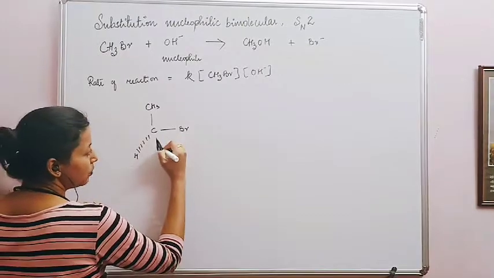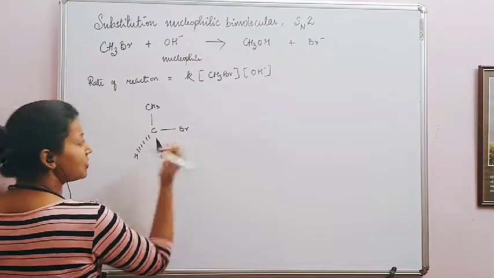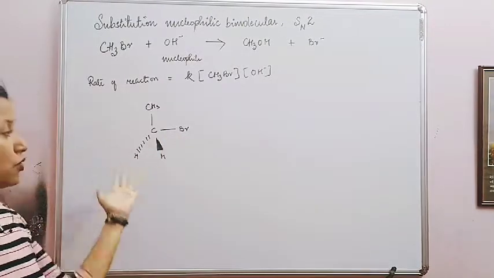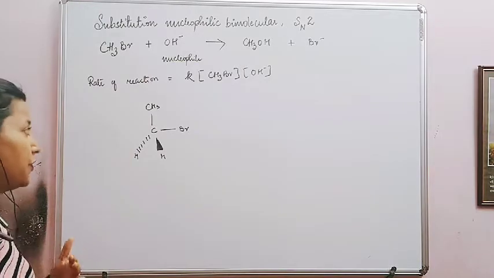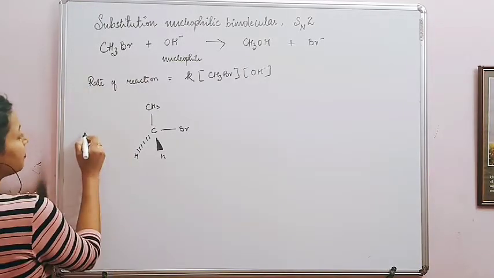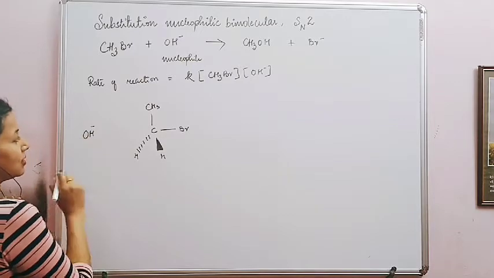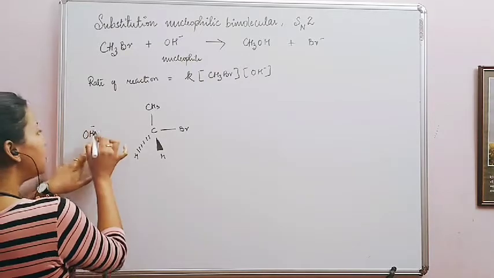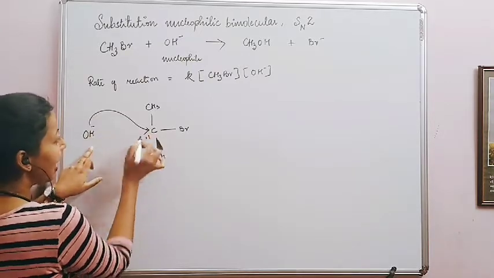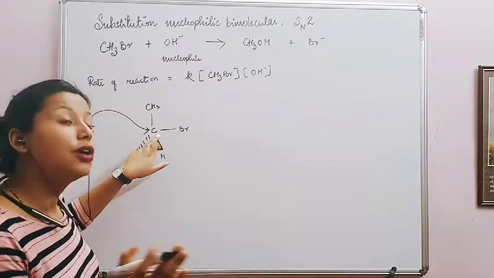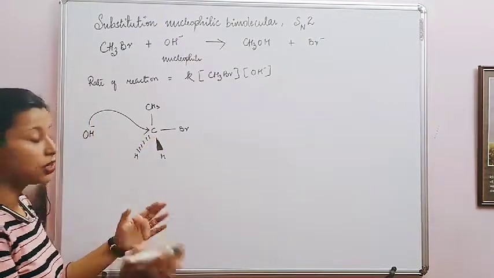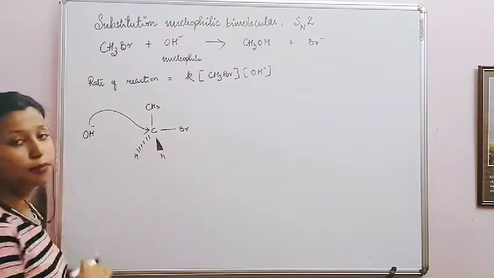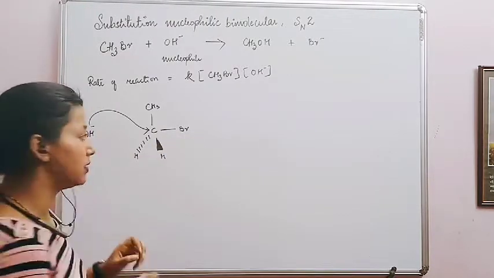This wedge bond represents that this hydrogen is towards me, that is towards the observer. What happens is, the nucleophile, that is OH minus, comes from behind and attacks this carbon, in a direction opposite to the bromide, Br minus.